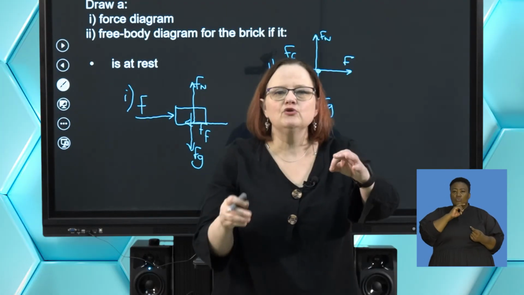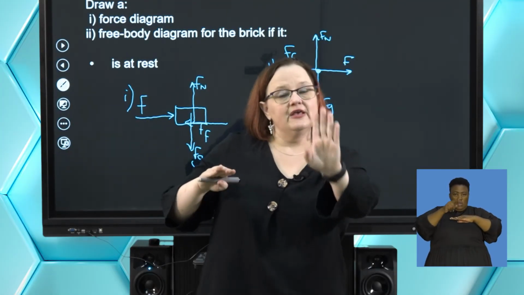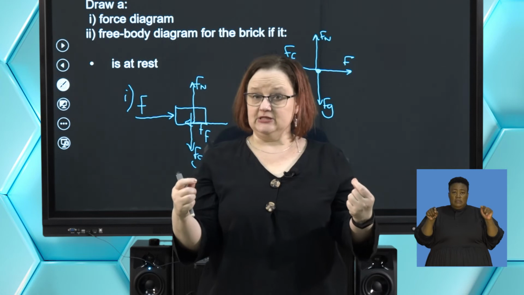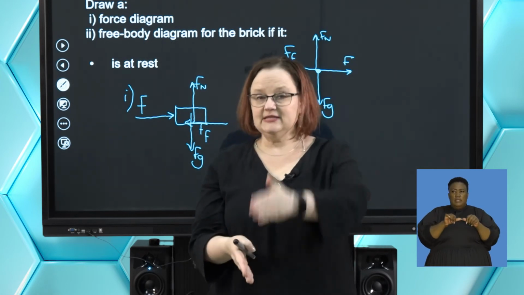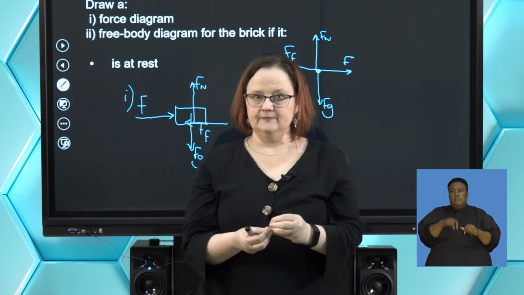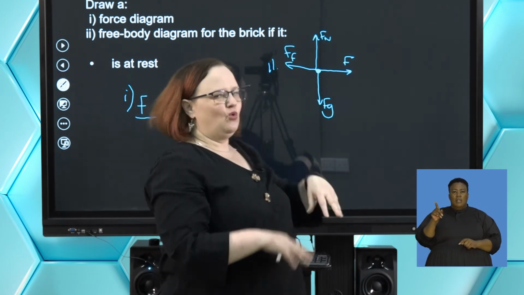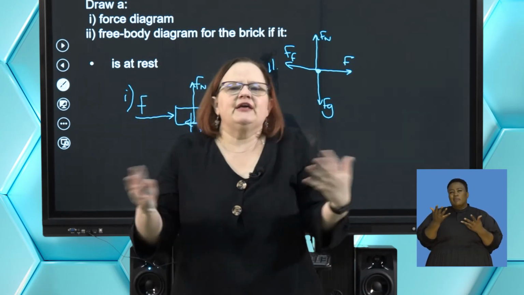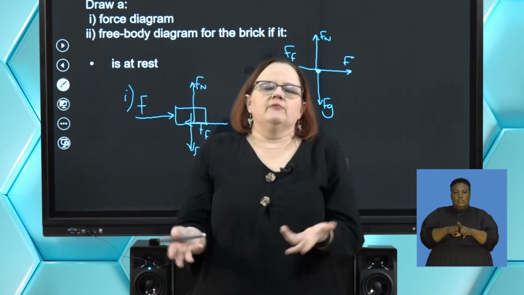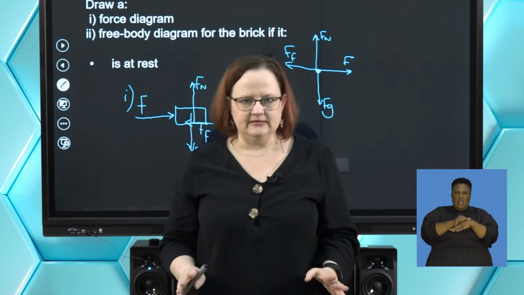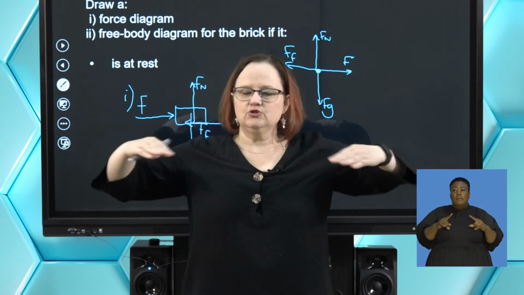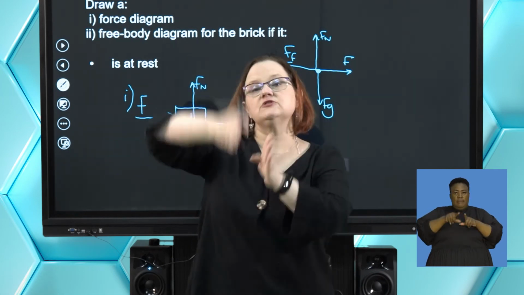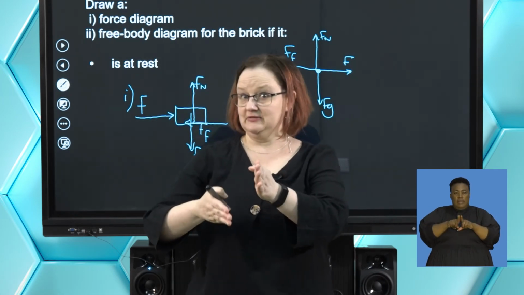You don't have to use a ruler, but visually, the applied force and friction must be the same size. The gravity and the normal force must be the same size. Here, I've drawn all 4 of them relatively the same size. I don't actually know if they will be, because I don't know the mass of the brick. That doesn't matter, okay? But it's so that the 2 horizontal forces are the same size, the 2 vertical forces are the same size, okay?